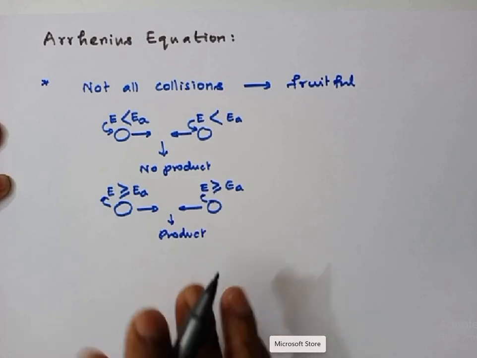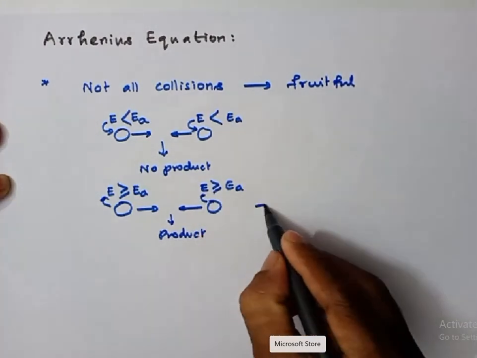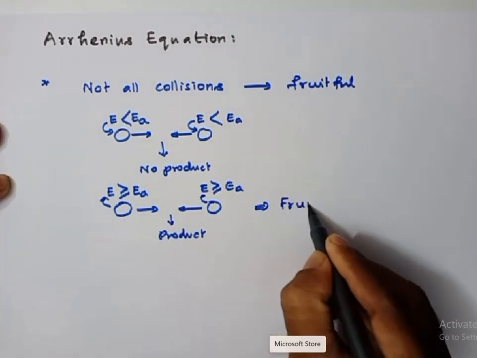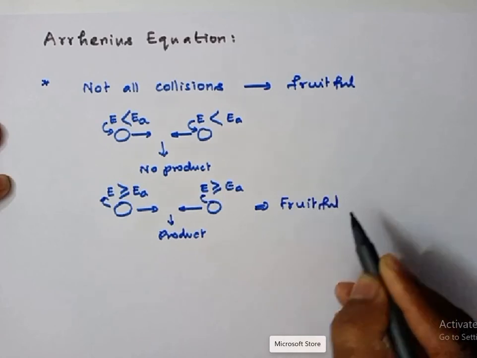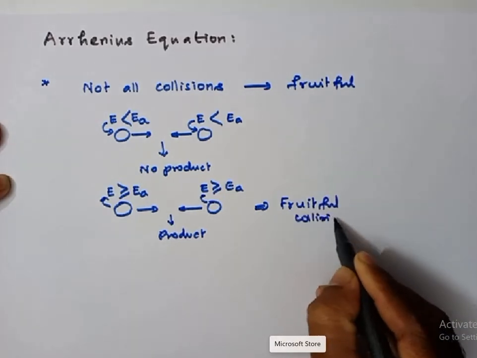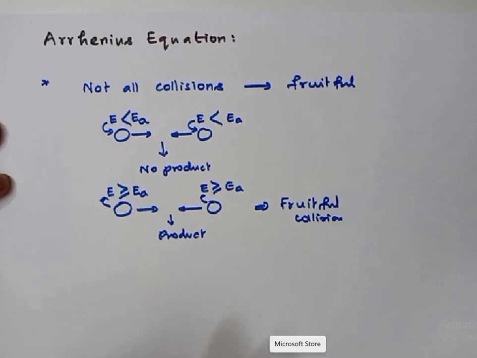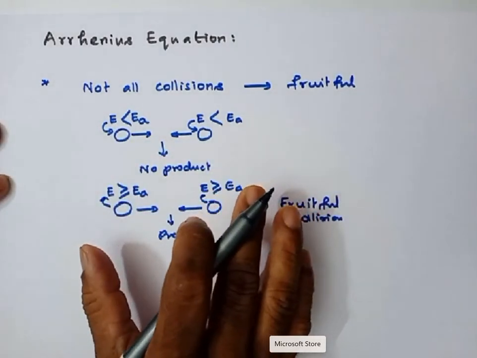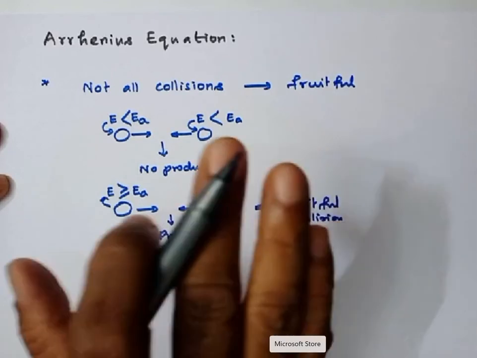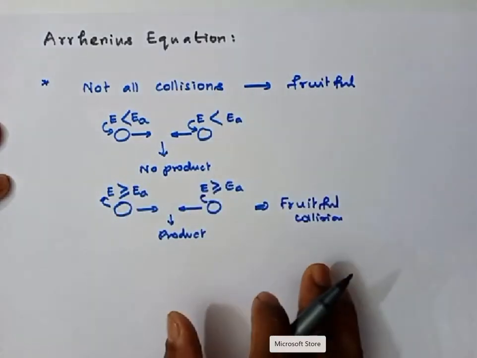They form product, and these collisions are called fruitful collisions. A collision which leads to product is called a fruitful collision. So what does this indicate? It clearly tells that not all collisions are fruitful.